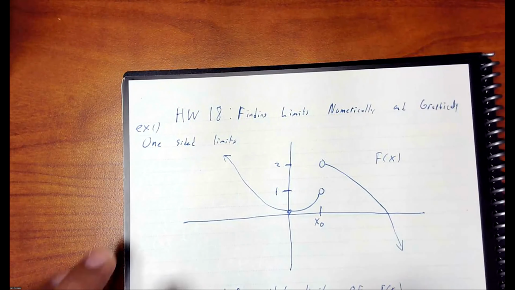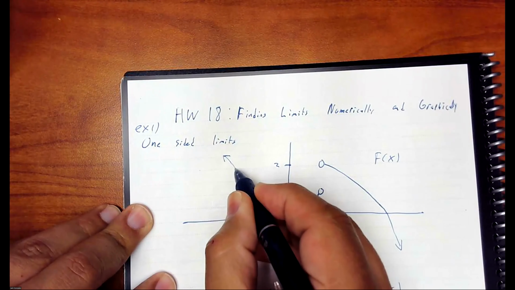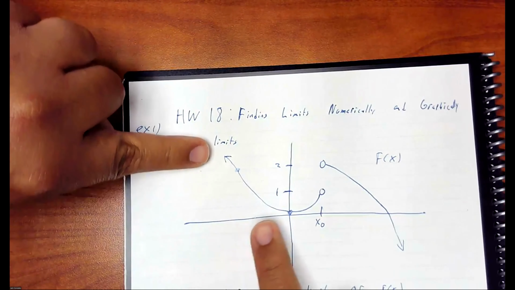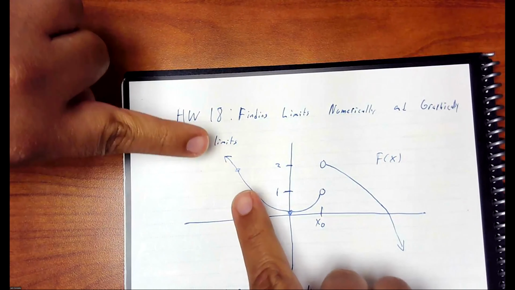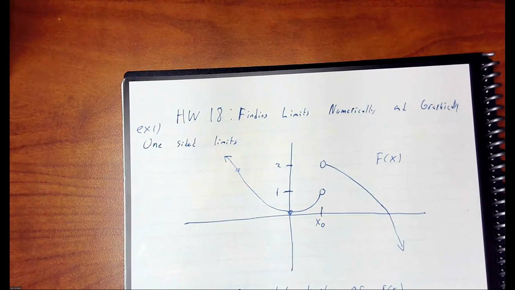Or I could pick this point there. If I go from both sides, it's defined, and I can plug it in. So all it is, is what is a function approaching as your x approaches that value? In a nutshell, that's all the limit is. We're looking at the functional values as x approaches a specific number.